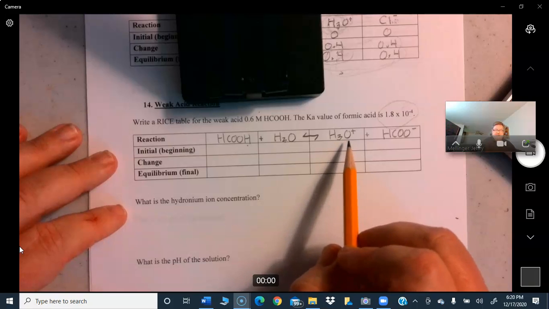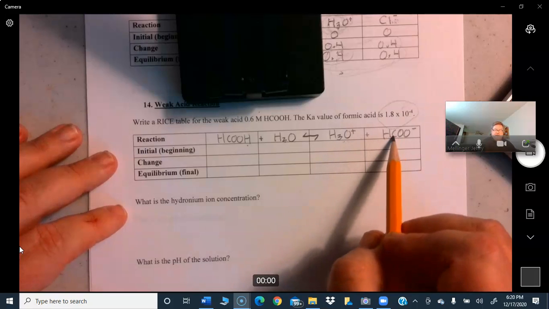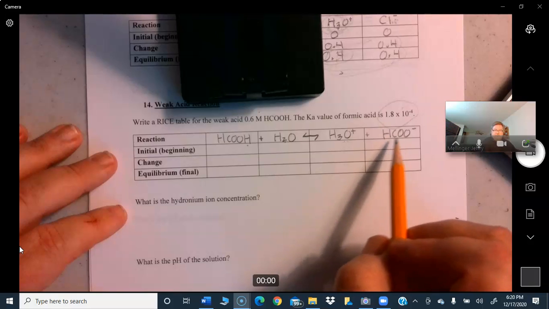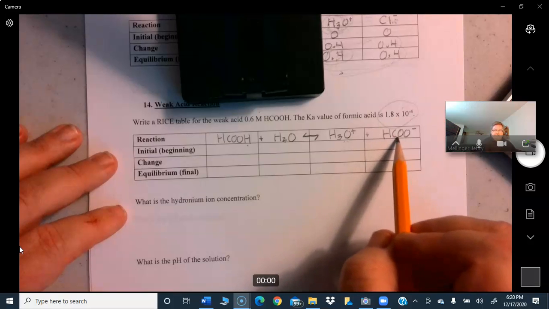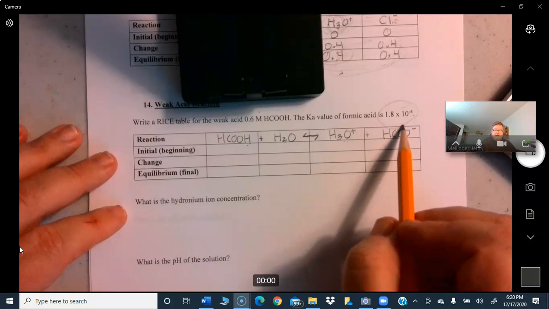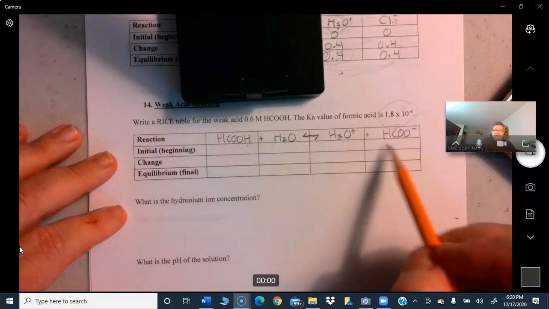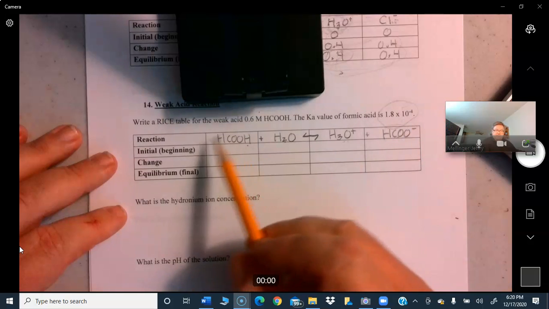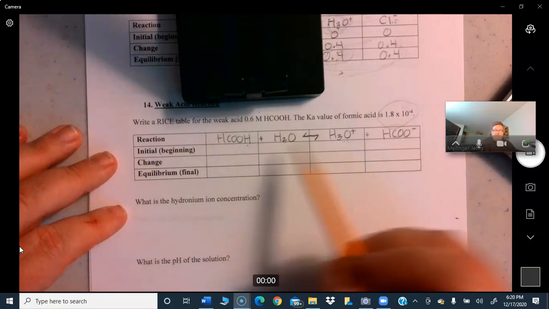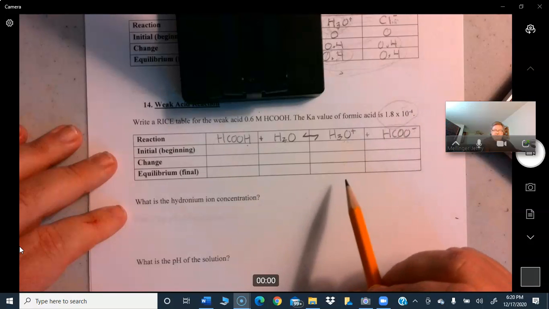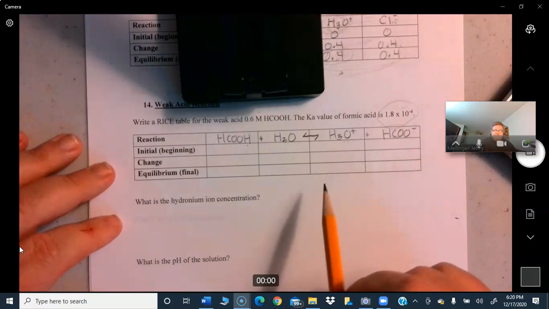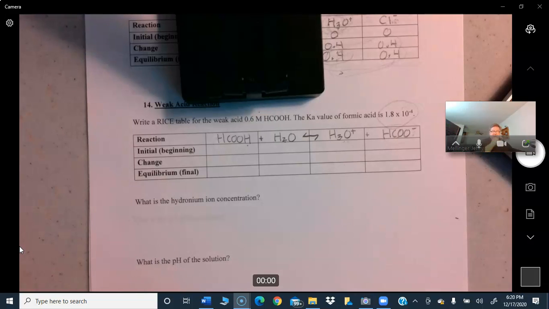That's what an acid does. It creates hydronium ions. And then you have the formate ion left over. And now it's the conjugate base of a weak acid. It's a weak base. This reaction can go back and forth. So this can take back a hydrogen ion, or a hydronium ion, okay?